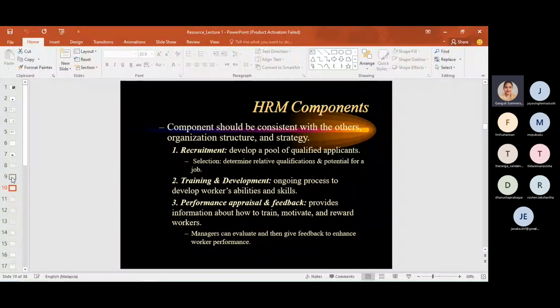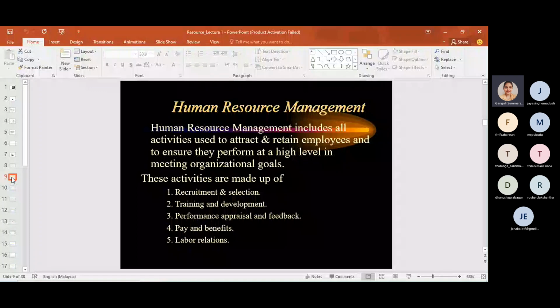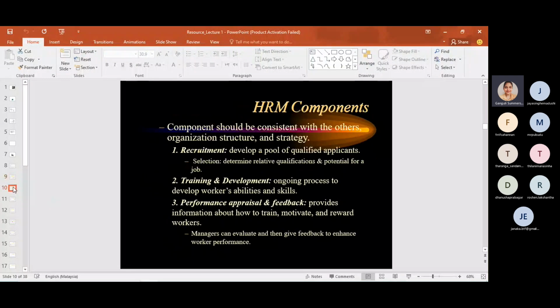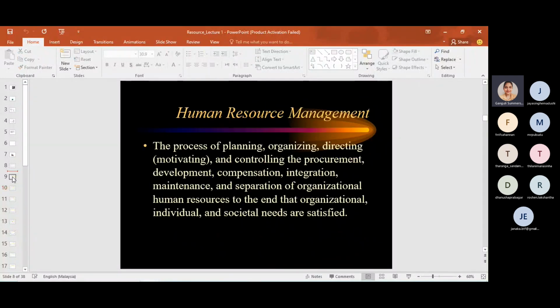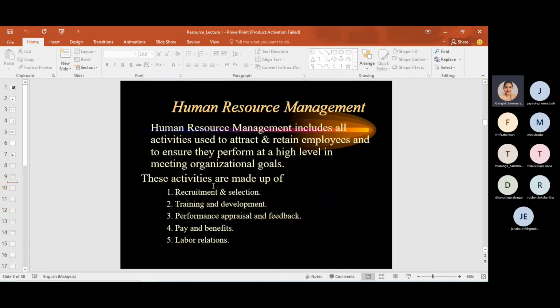So I just told you 5 activities, right? These 5 activities are called HRM components as well, because they are 5 major components in human resource management. So these 5 activities that we discussed just now are called HRM components.